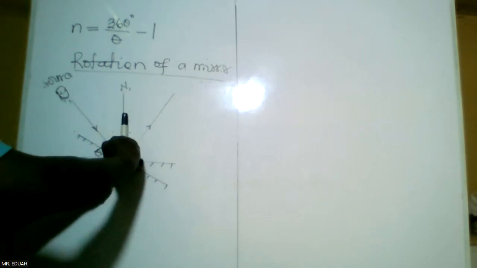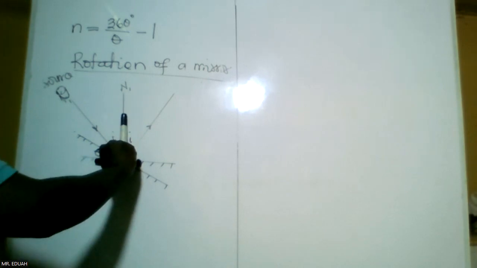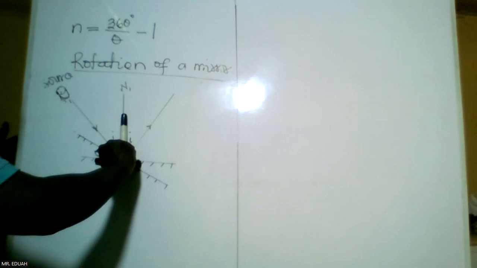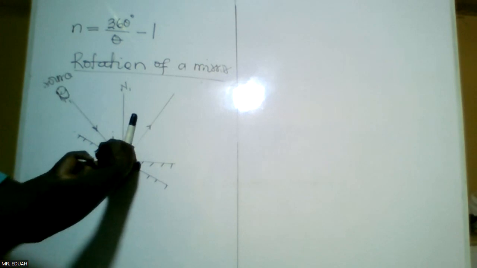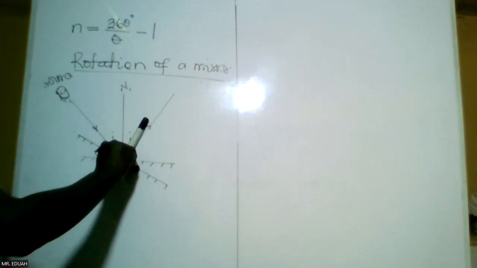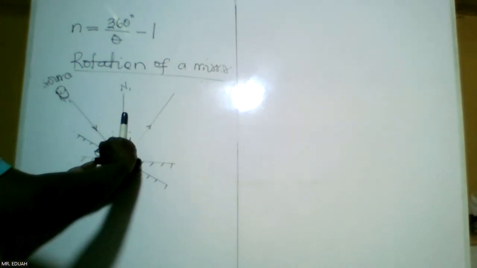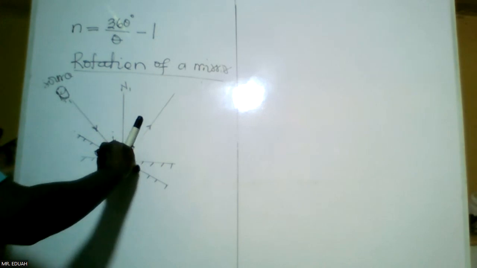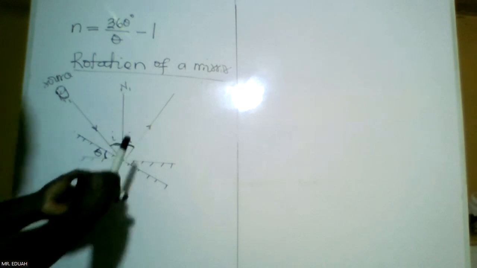This is the normal N1 to the old mirror. As I rotate the mirror through an angle theta, guess what is happening? So this is a new mirror position. What has just happened? Is there any observation?